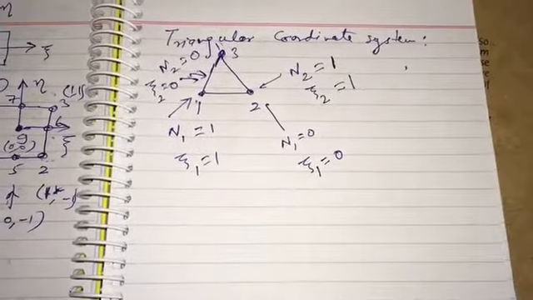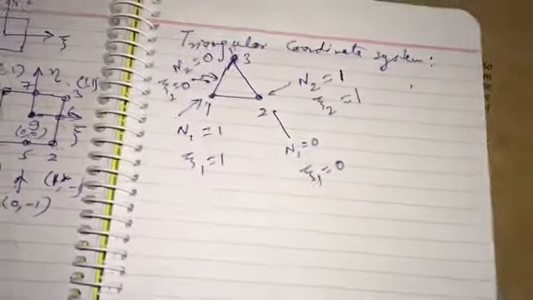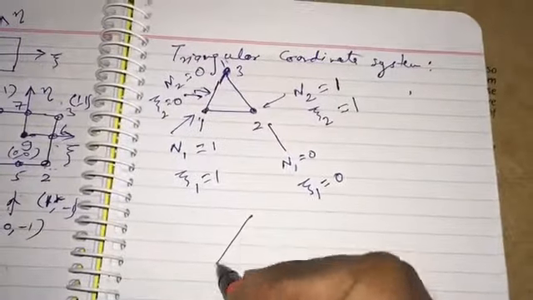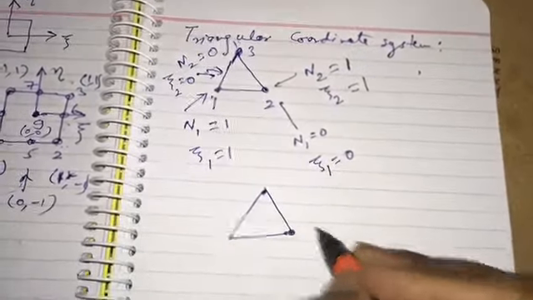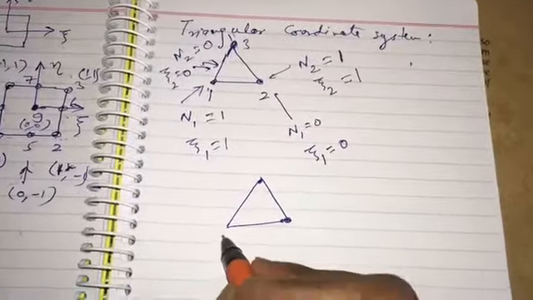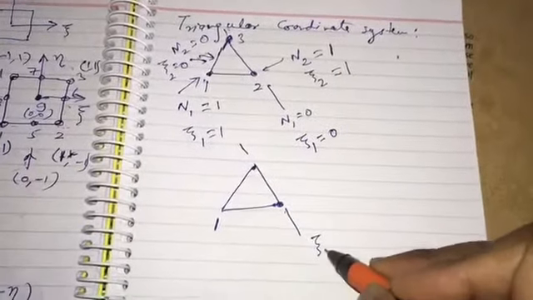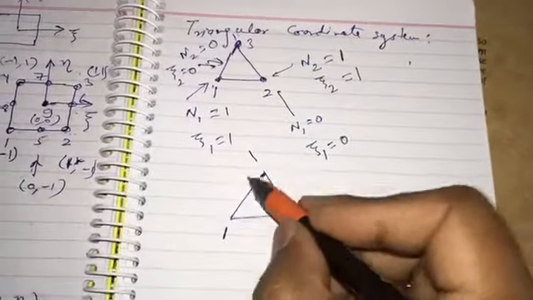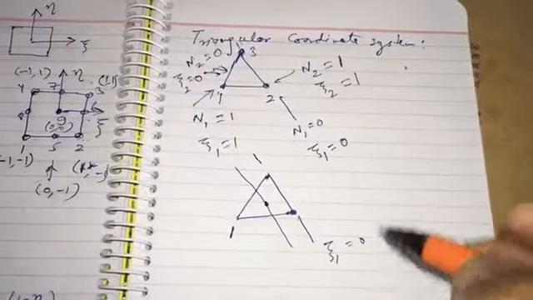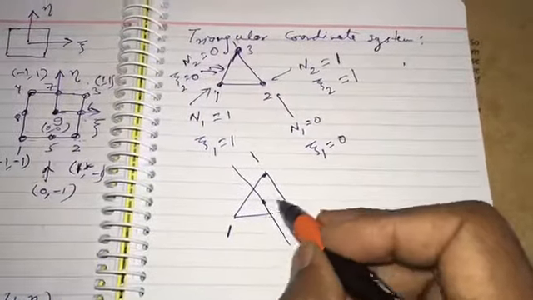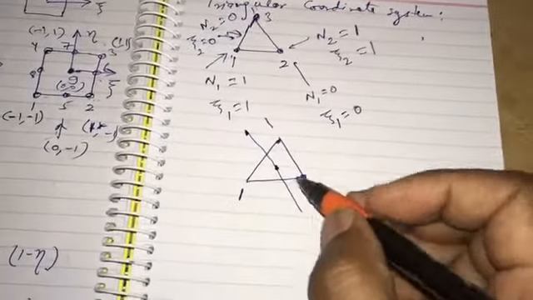So if we choose xi 1 and xi 2 as two axes, then for a triangle we can have the axis system this way. So we have 1, so you have xi 1 equal to 0, and let us say this is the point where the centroid of the triangle is.